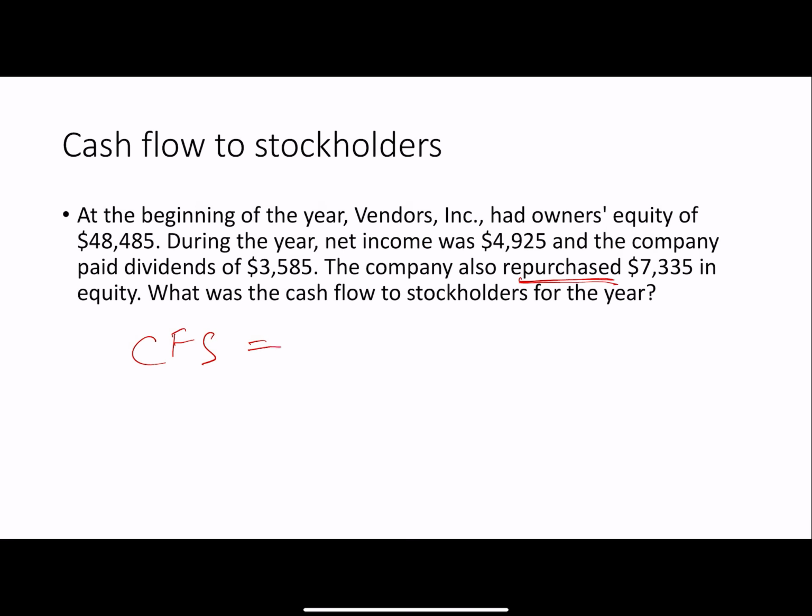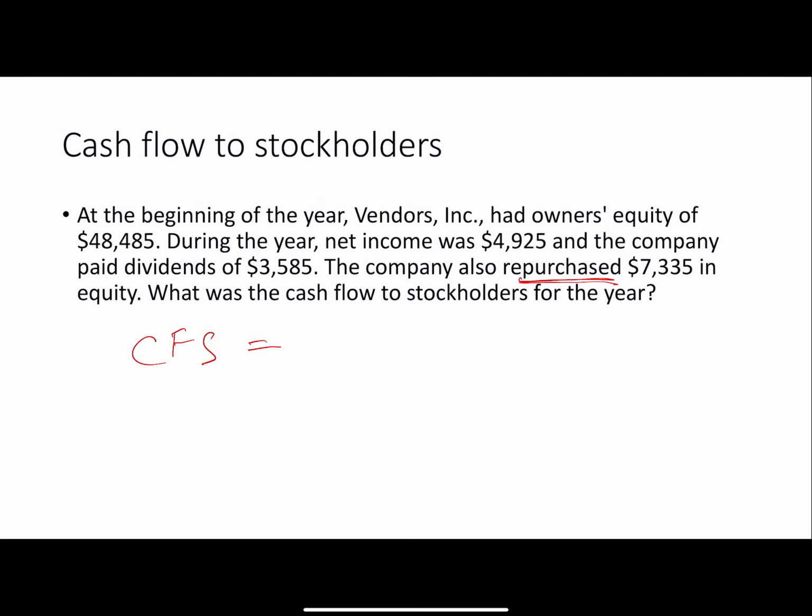If the company issues new stock, then cash is going from investors to the company, and that would contribute negatively to cash flow to stockholders. But on the other hand, if the firm uses cash to repurchase stock, then that cash is going from the company to shareholders, and that is going to be a positive contributor to cash flow to stockholders.